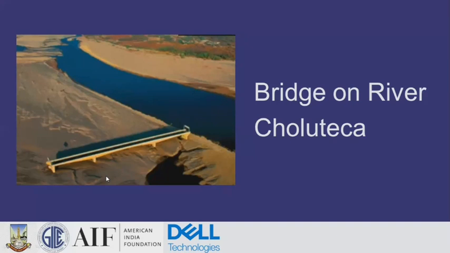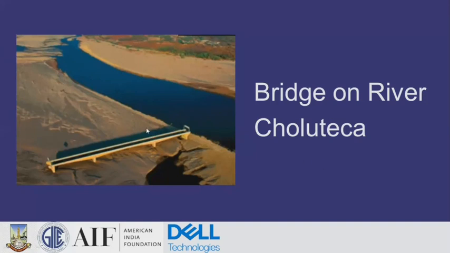But this place is very prone to hurricanes. The bridge was properly built upon the river Choluteca, but one such hurricane just came and changed the course of the river. So the bridge is lying here and the river course has changed. This is what the image shows.